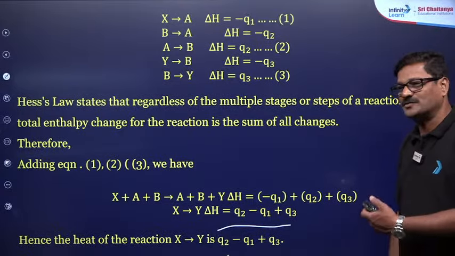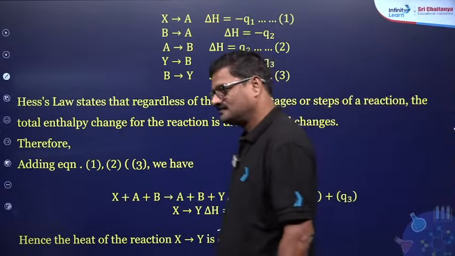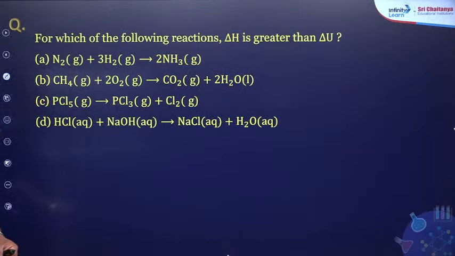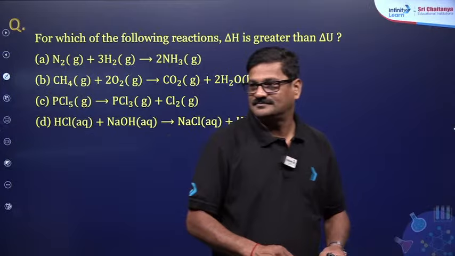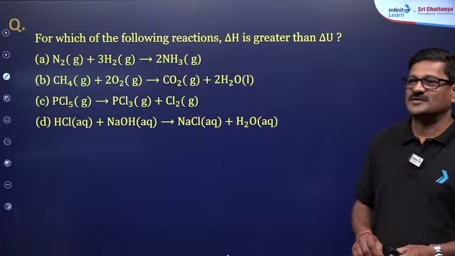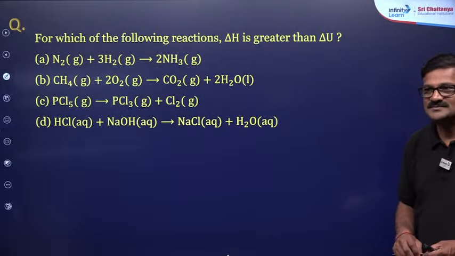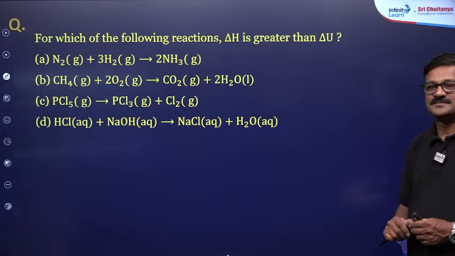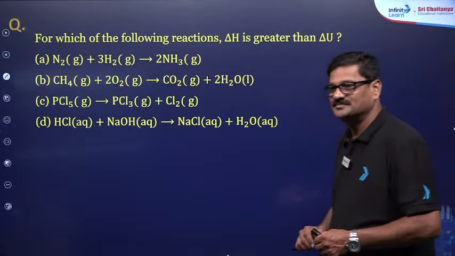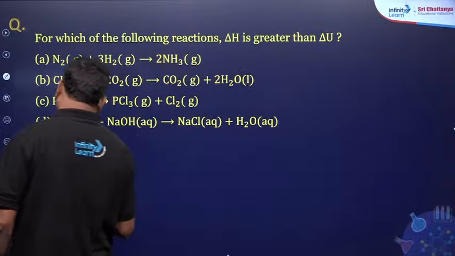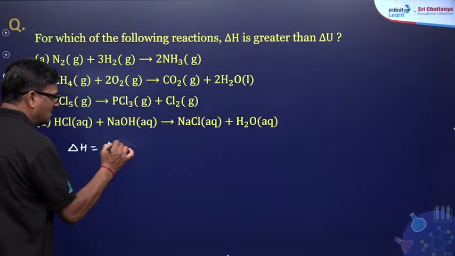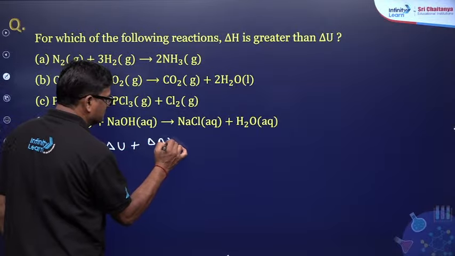Now moving ahead, one more question today. For which of the following reactions is delta H greater than delta U? What will be the concept there? Here I want to say delta H is equal to delta U plus delta n RT.